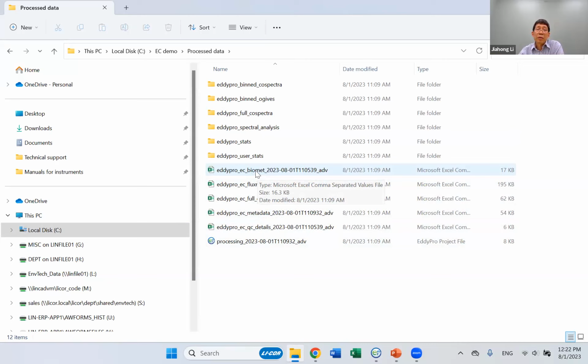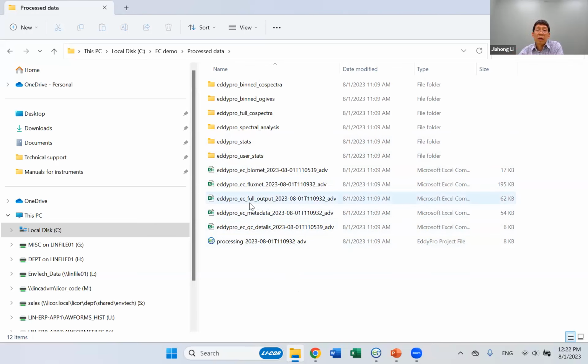The spectral results are in the top 4 folders: the binned co-spectra, binned ogive full co-spectra, and also the spectral analysis. If you need more results, you can look at the FLUXNET output and also these 2 statistical folders. They contain a lot of intermediate variables and their results.